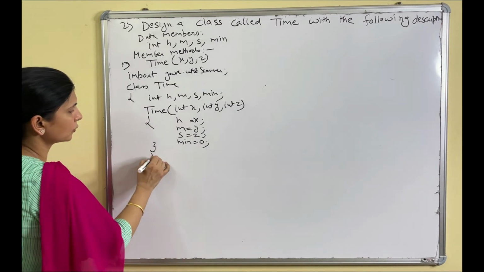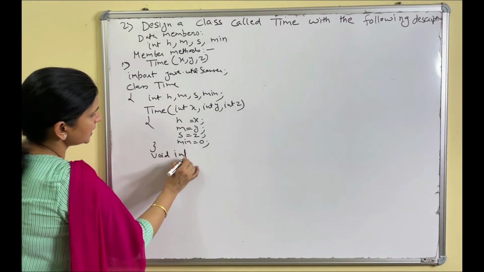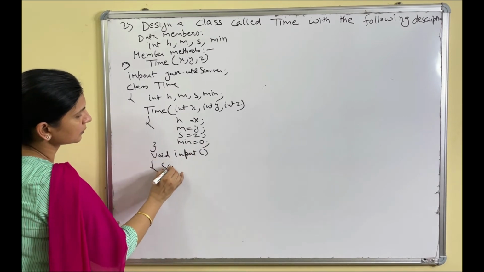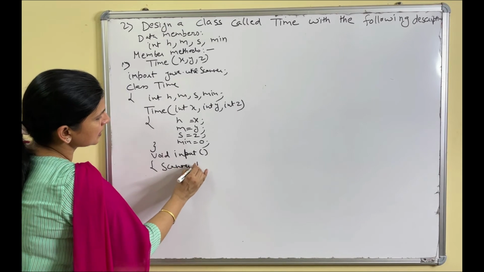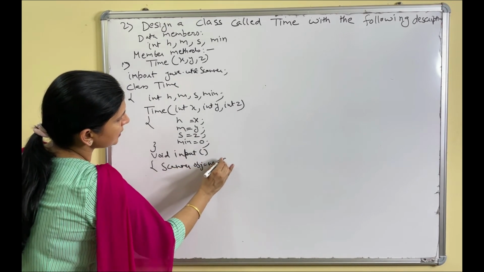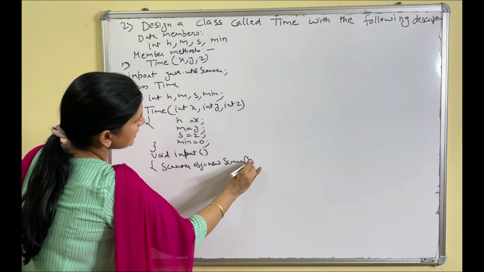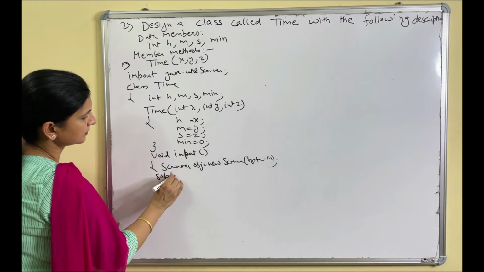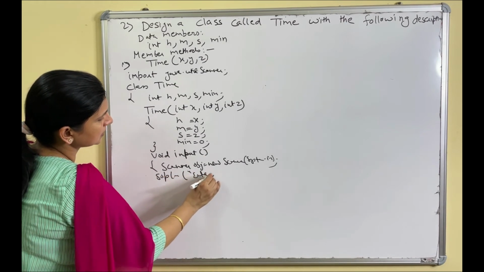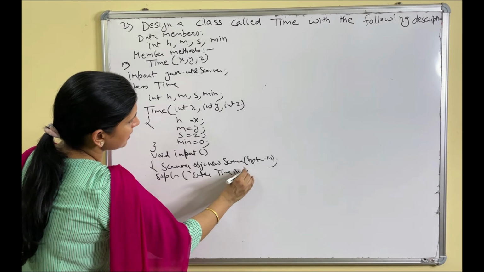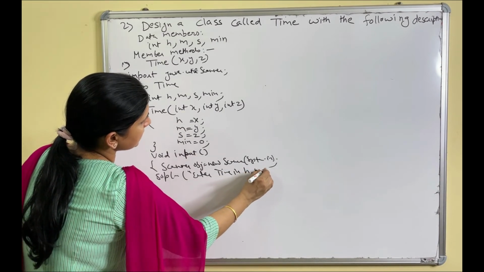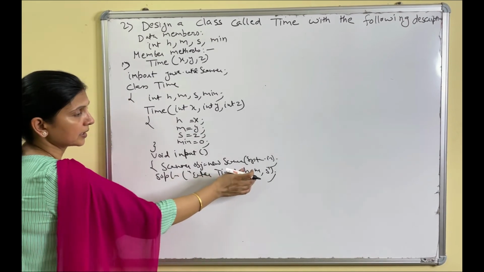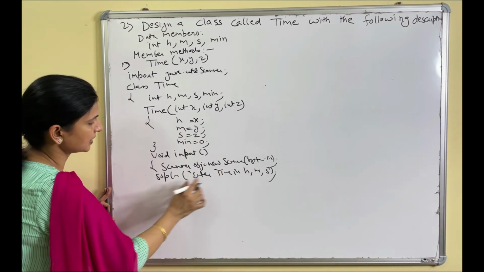And the second method was void input. Name was given input, so we have to take the input only. So again we will use the Scanner class. Scanner obj equals new Scanner(System.in), right? Then System.out.println, enter time in hours, minutes, second. So in one message we have declared that enter time in hours, minutes and second.